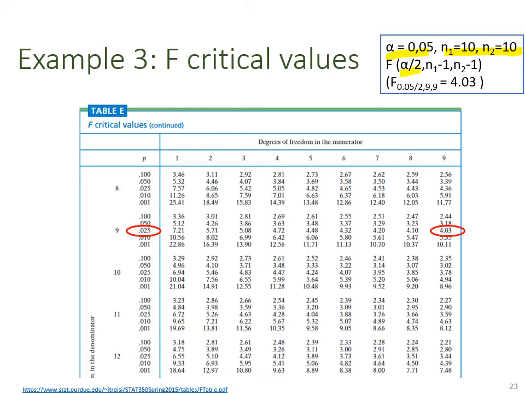Again, we use alpha divided by 2, so we will use a p-value of 0.025. We have 9 degrees of freedom in the numerator and 9 in the denominator, and that gives us a critical F value of 4.03.